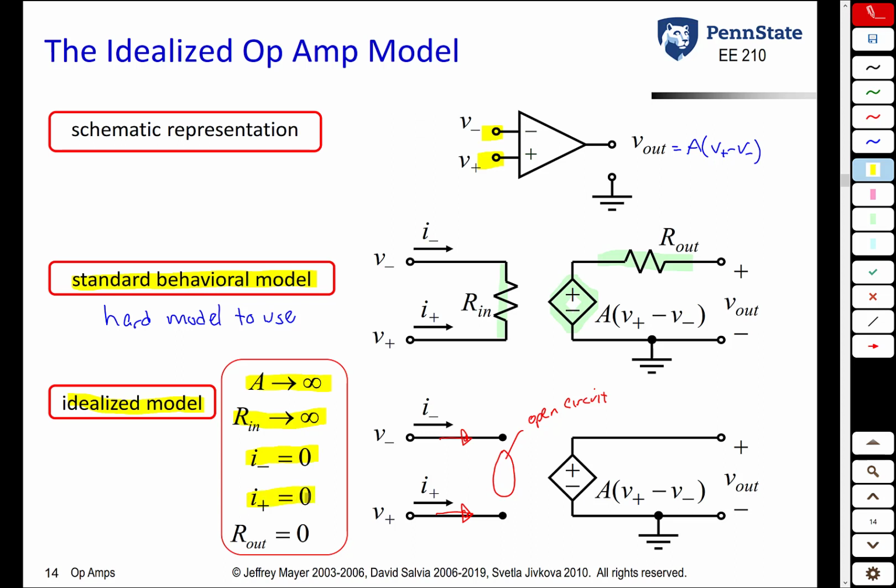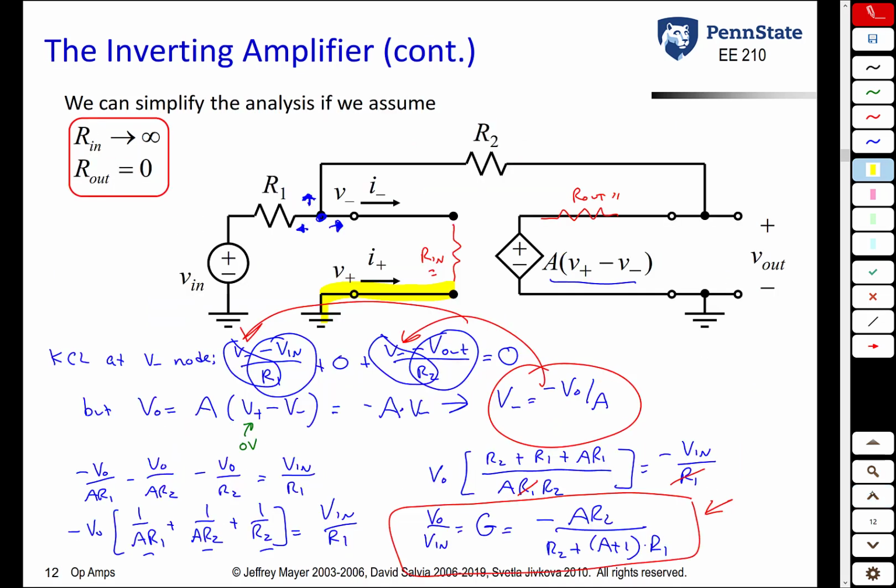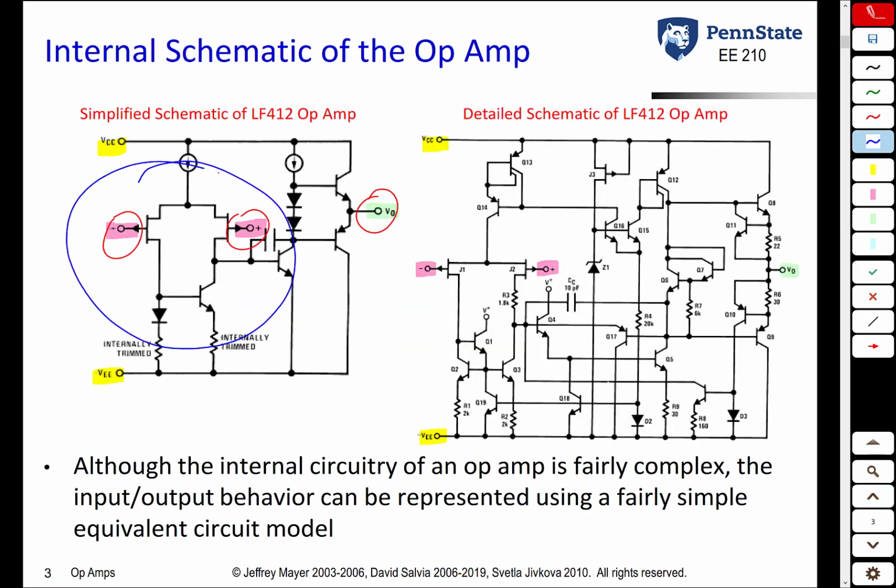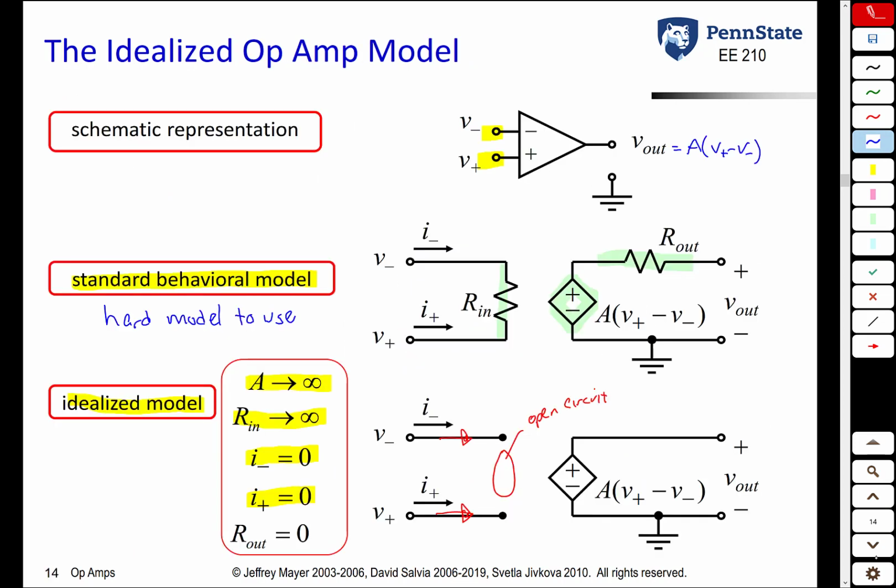In reality, there's going to be a very small current going into these terminals because they are connected to each other. If you think back to the actual circuit for the Opamp, you see that there are connections between the inverting and the non-inverting terminals. So there is going to be a current. However, in our idealized model, by assuming that Rin is infinity, that current is going to be zero.